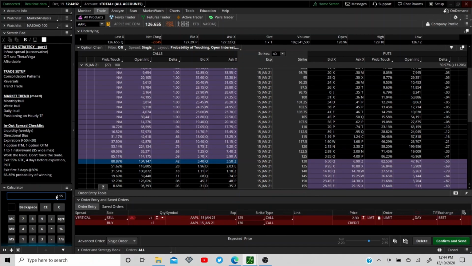That's the 55% tacked on, and that gives us $3.57. So to execute our price here, $3.57. Good till canceled. You send it, confirm, and now you walk away.